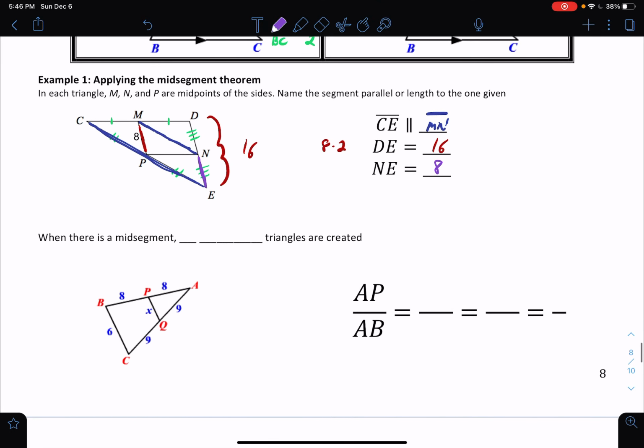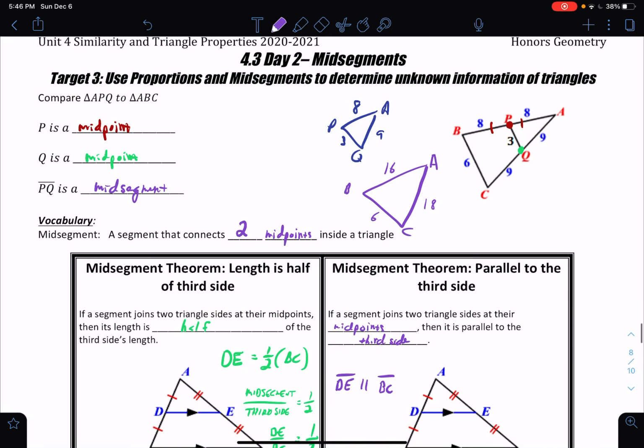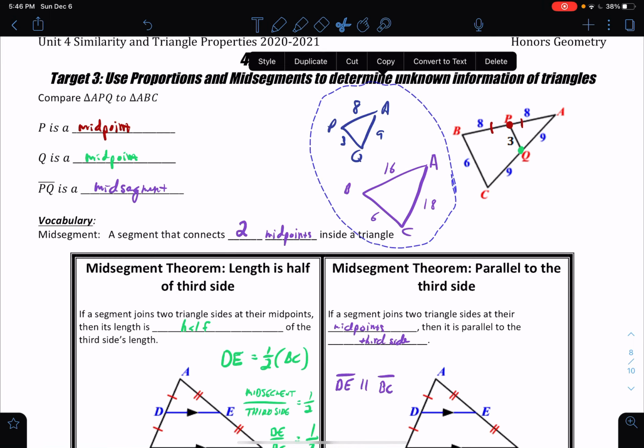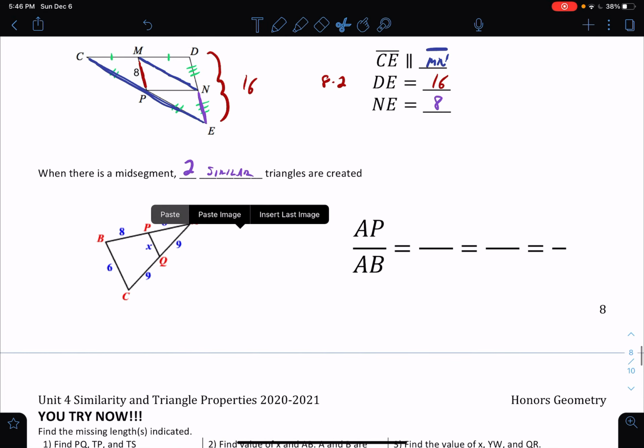When there's a midsegment, kind of what we were talking about in the previous video, 2 similar triangles are created. I drew those triangles separately up here, so I'm going to copy those down, that way we have them drawn separately.